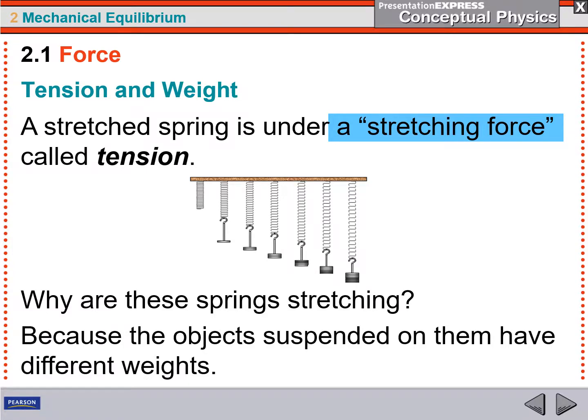Because the objects suspended on them have different weights. But what you need to recognize is that there are actually two forces at work. Weight is the gravitational attraction between an object and the earth. Tension is the force that's pulling upward. As long as those two forces are equal, these objects will be stationary.